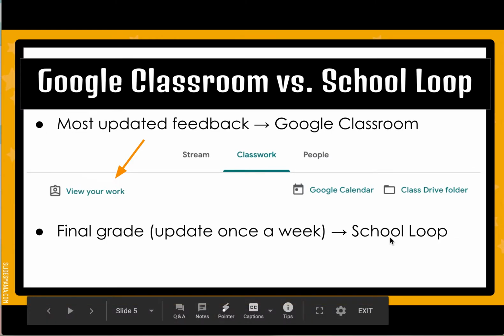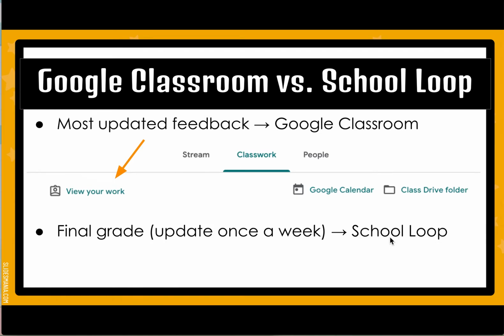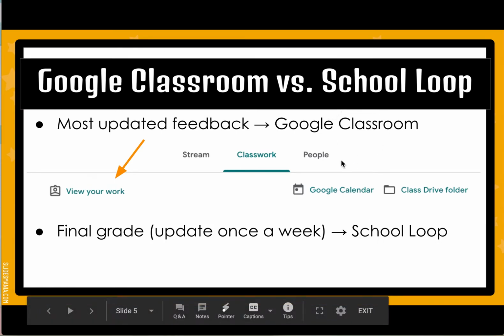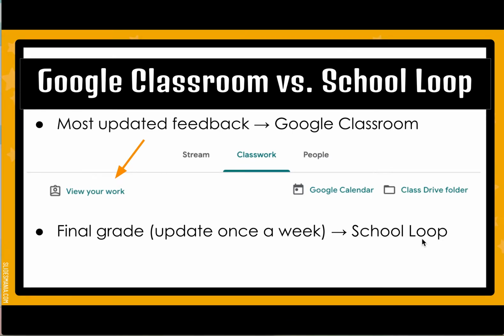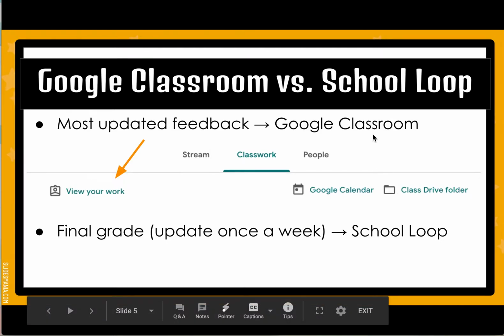That also means that if your assignment is late, you might see that it's updated on Google Classroom, but it might not be updated on Schooloop yet. Okay, now since Schooloop is updated once a week, you will be able to track your grade every week, but just know that it's not instantaneous when the grade is transferred from Google Classroom to Schooloop.